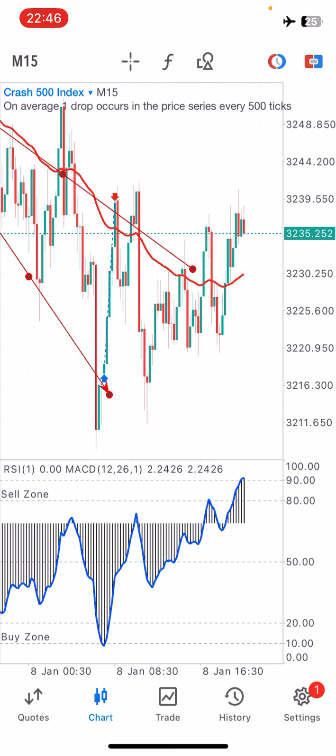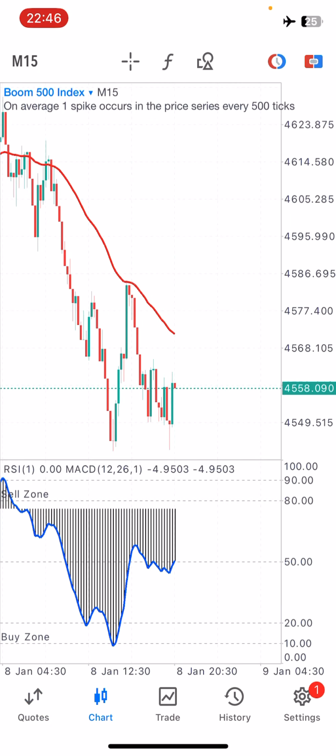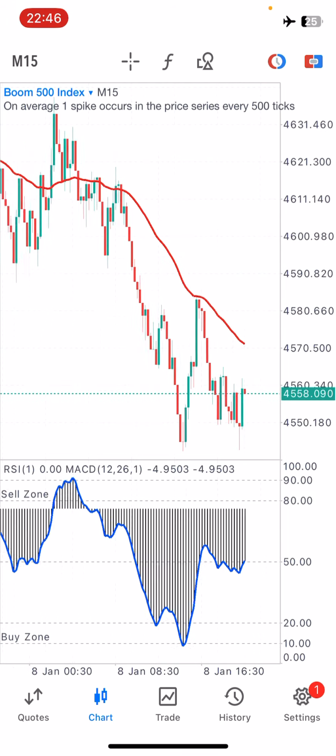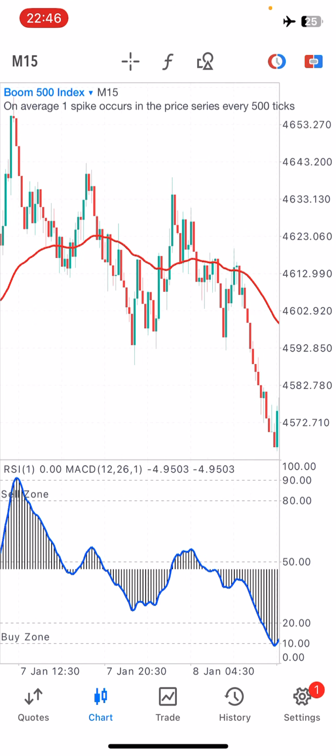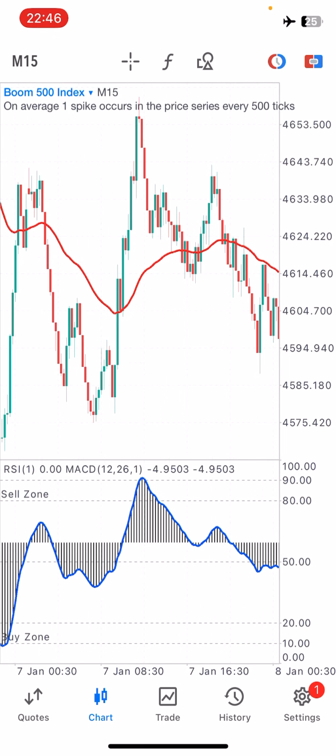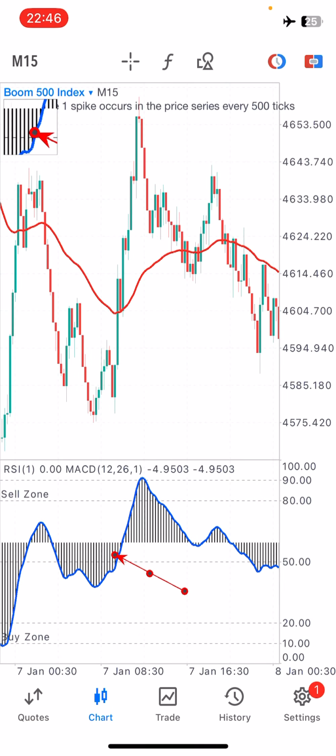But before I end this video, let's take a look at Boom 500, since we were looking at Crash 500, and see if we can also get the same results. Okay, so like I said, if you want to enter into a buy trade, number one, your MACD has to cross to be above the zero line like you see there.